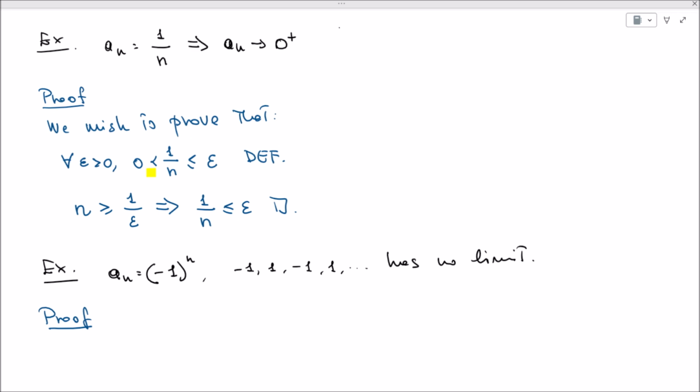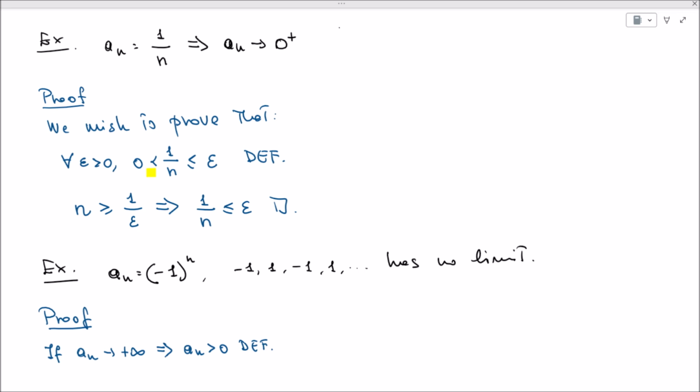Okay, let's suppose that, for example, a_n tends to plus infinity. Let's assume that this sequence is divergent to plus infinity. Well, that would imply that a_n must be larger than 0 definitively. And I'm using just the sign permanence theorem now.